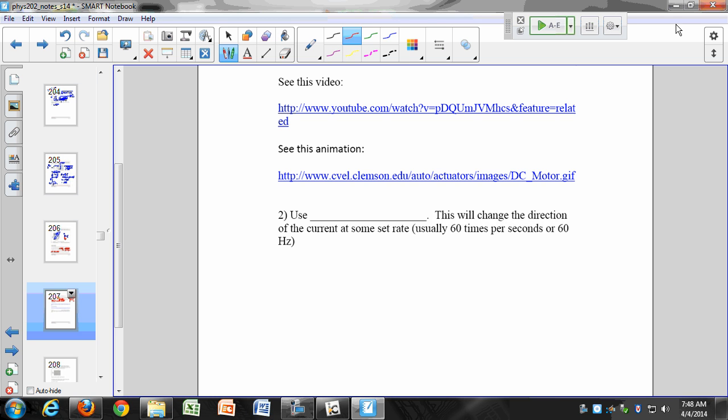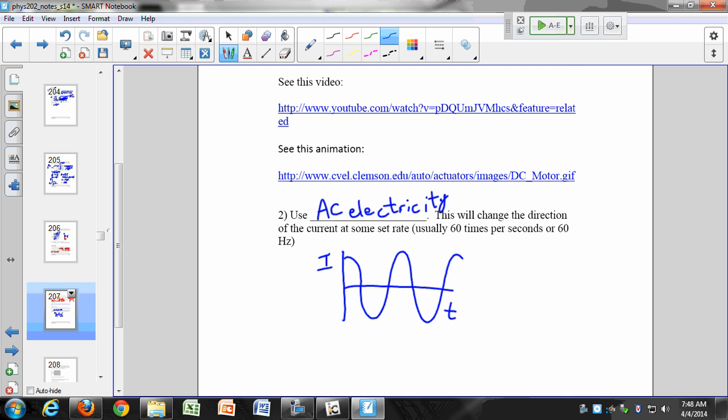Anyway, the other way to do this is to use AC electricity. That's alternating current. If you plot out the AC electricity, the current versus time, it's going to oscillate back and forth between some positive current and some negative current. And this is what we use in our homes.